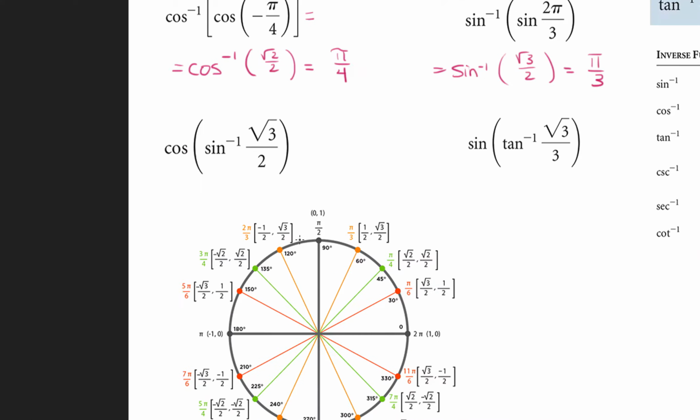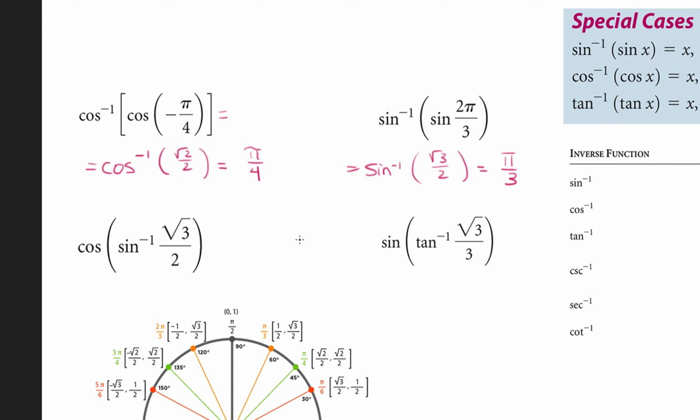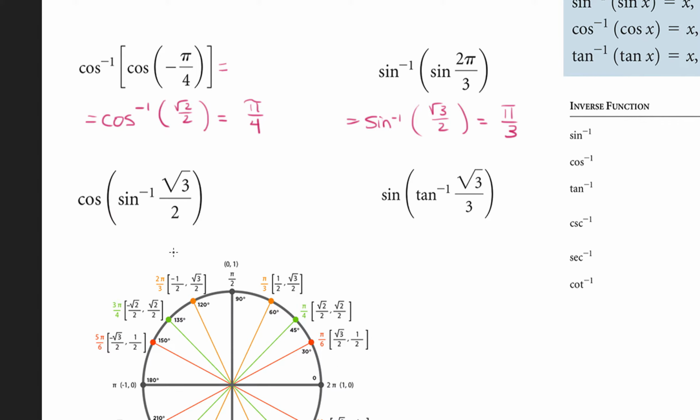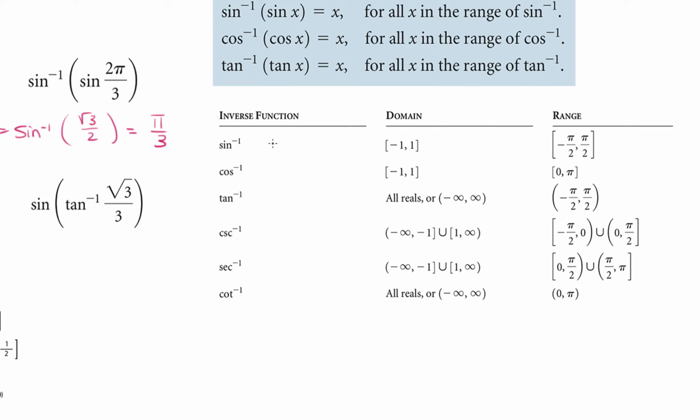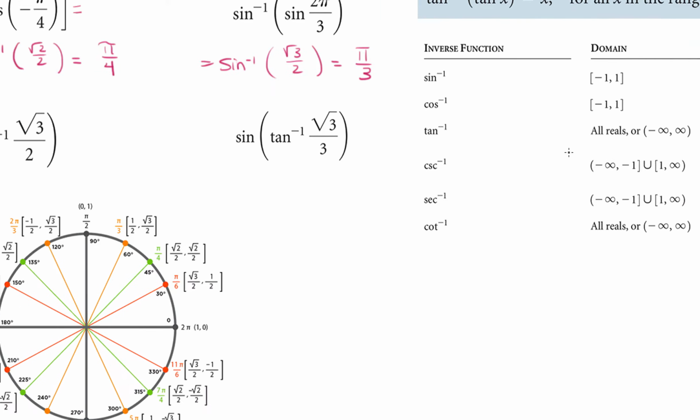Now here it's a little tricky because it's different, right? So what do we do in situations where it's different? First, sine inverse of radical 3 over 2. Well, the domain of sine inverse is from -1 to 1, so radical 3 over 2 is in the domain, and then it produces a value in this range from negative pi over 2 to pi over 2.